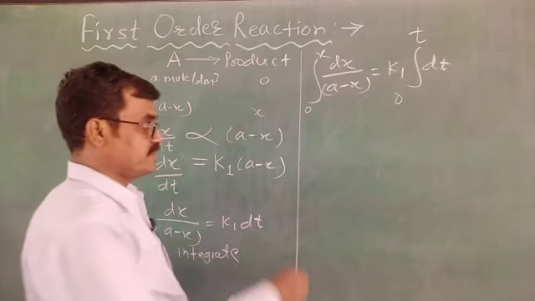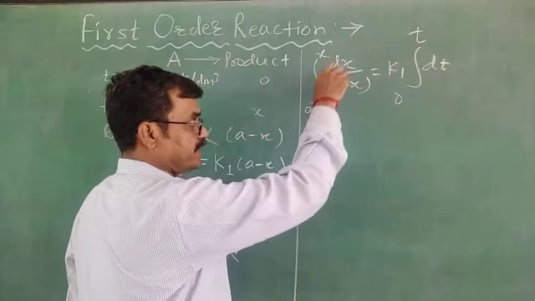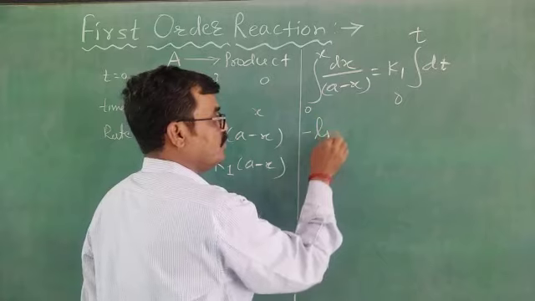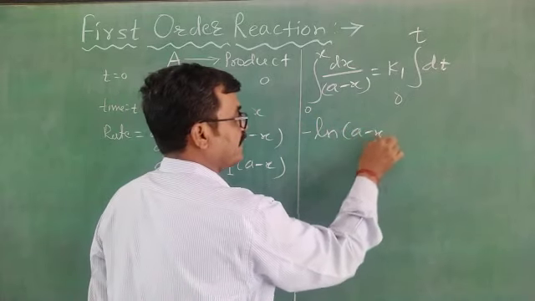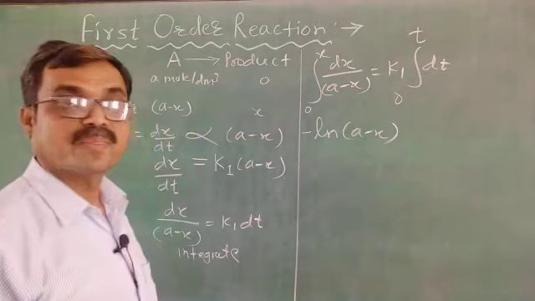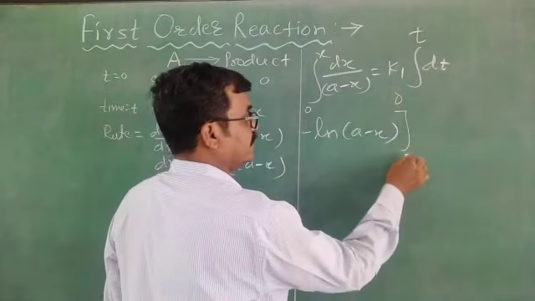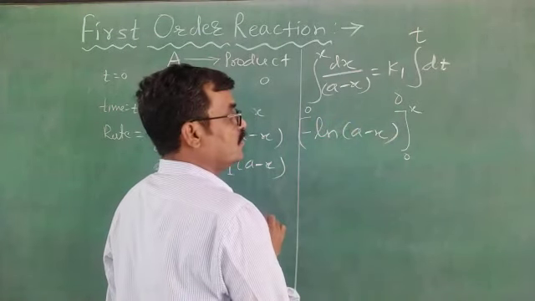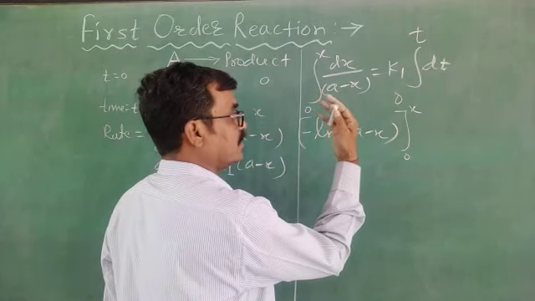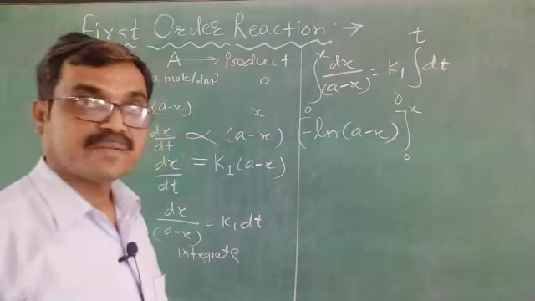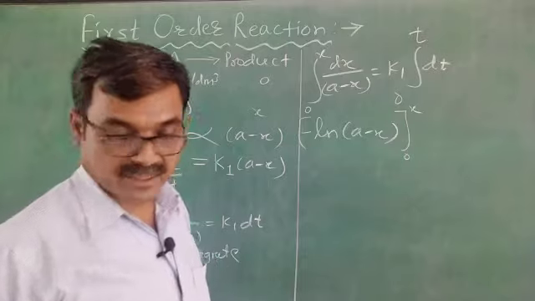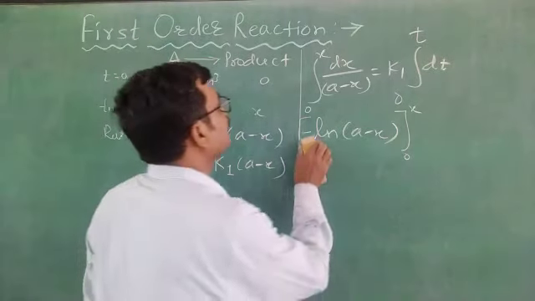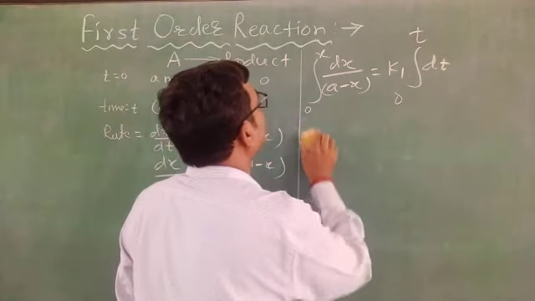Now mathematics. Integration of dx upon a minus x is equal to minus ln (a minus x), with upper and lower limits. If limits are not kept here, then there will be an integration constant. You may solve in this way or integrate directly.